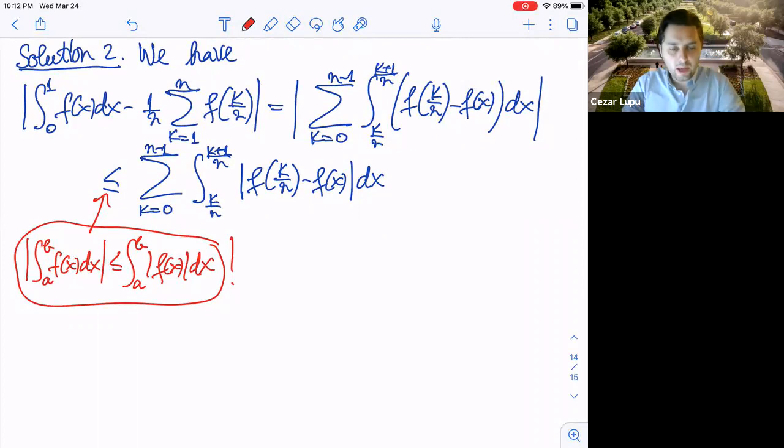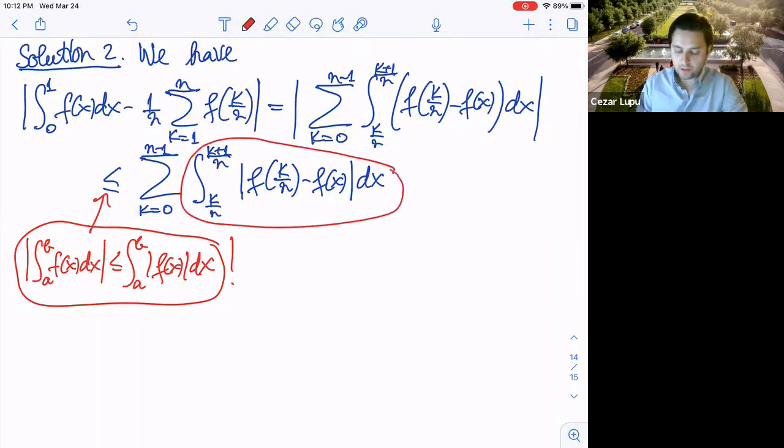And now what we would like to do is maybe we can control this guy in some way. And now we are in a good position to apply the mean value theorem. So let's do it.